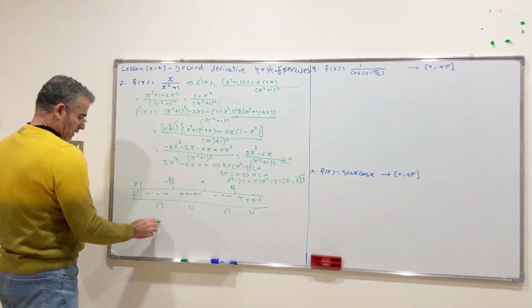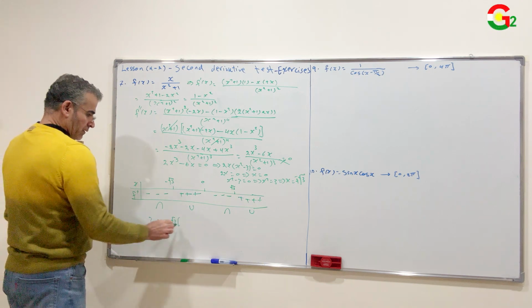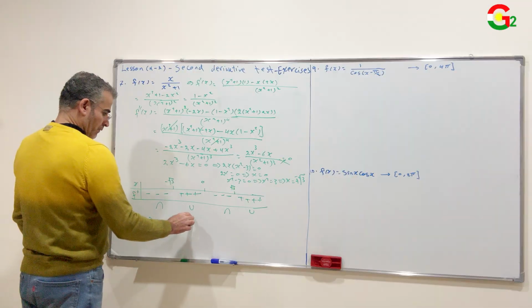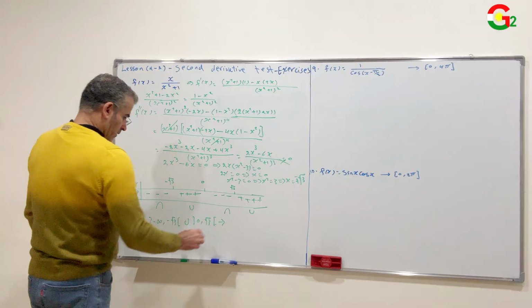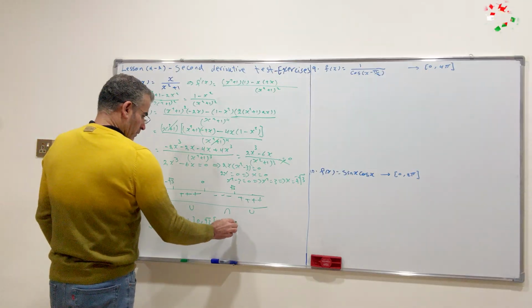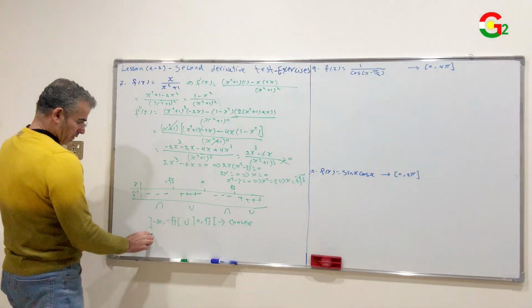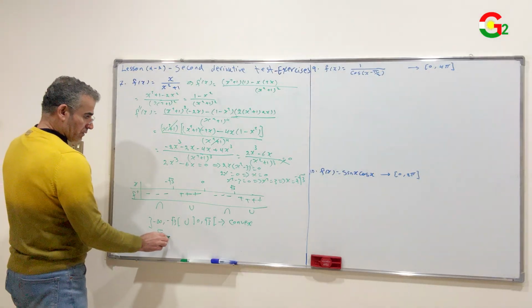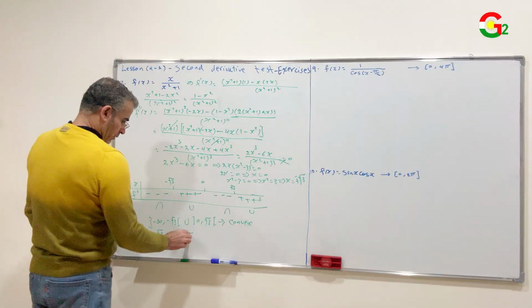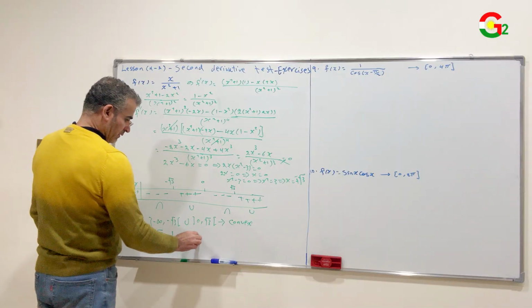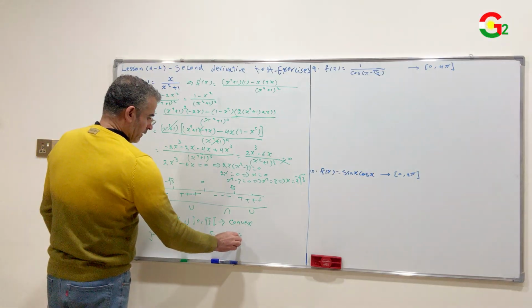From negative infinity to negative square root 3, open interval, union from 0 to square root 3, these intervals are intervals where the function is convex, and from negative square root 3 to 0, open interval, union square root of 3 to positive infinity, the function here is concave.